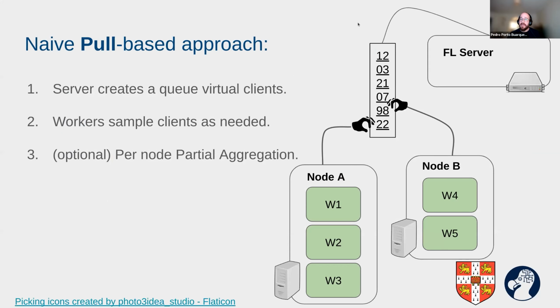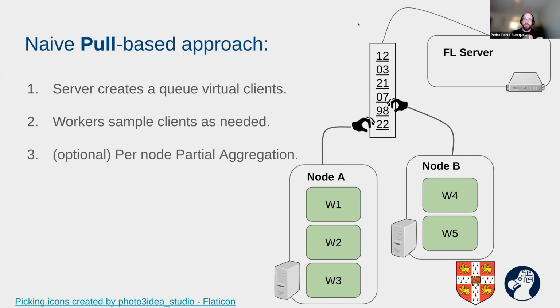And that is actually the regular way that federated learning frameworks in general work. They use what is called a naive pool-based approach to client sampling. In this pool-based approach, the server again samples clients, but then it creates a queue of clients where each node will sample a client and perform its training locally.